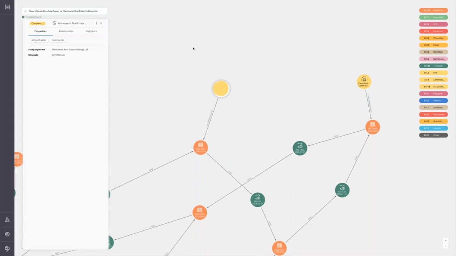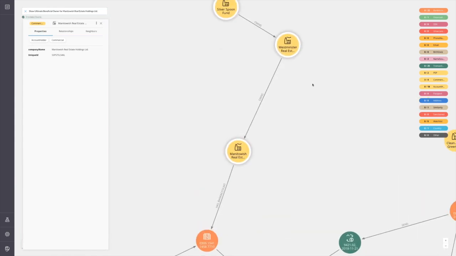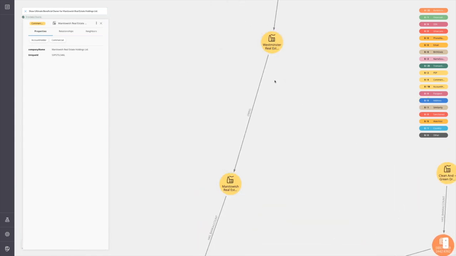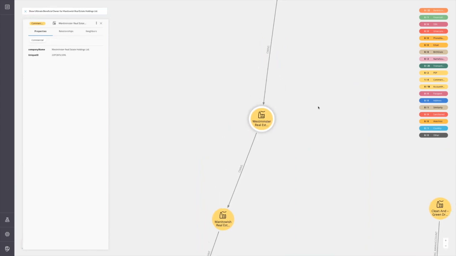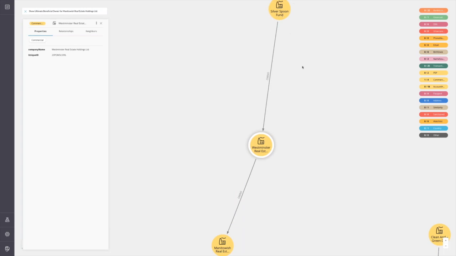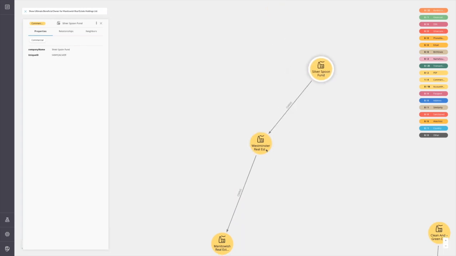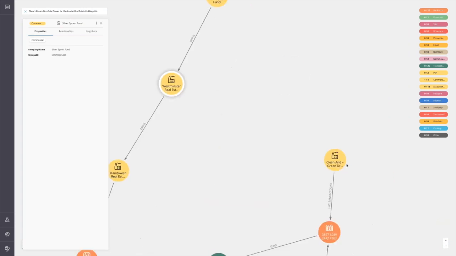So we'll take a look at Manitowish Real Estate, the ultimate beneficial owner. We can see Westminster Real Estate Holdings owns Manitowish, and then there's a fund here called Silver Spoon Fund that owns Westminster Real Estate. We can do the same for Clean and Green, so find the ultimate beneficial owner.